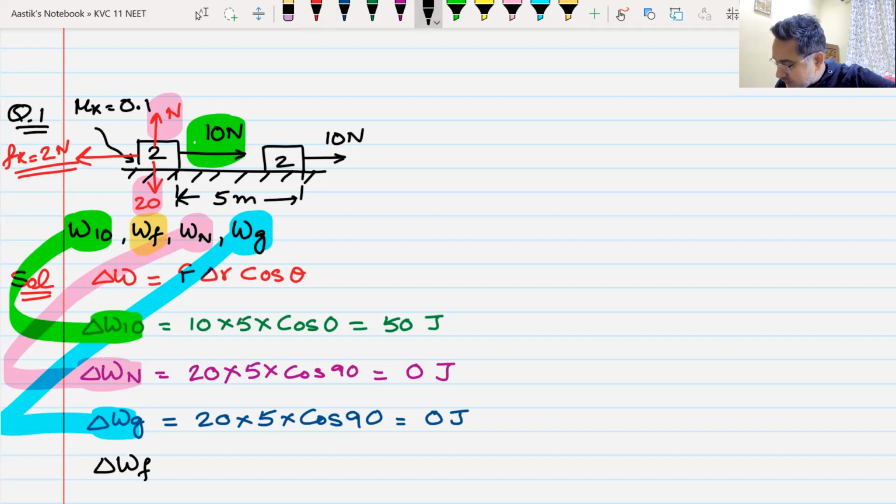Work done by kinetic friction. The value of friction is 2 multiplied by the displacement 5 multiplied by cos of the angle between the frictional force, which is backwards, and displacement, which is forward.